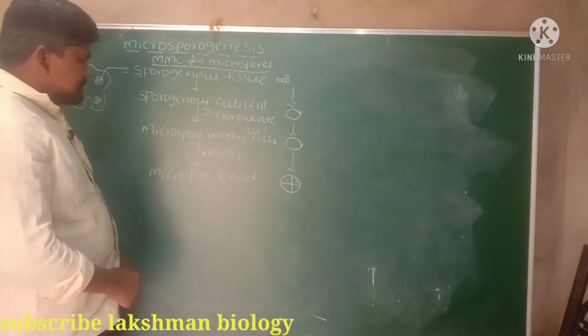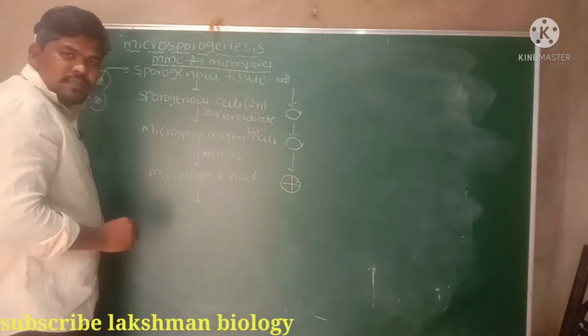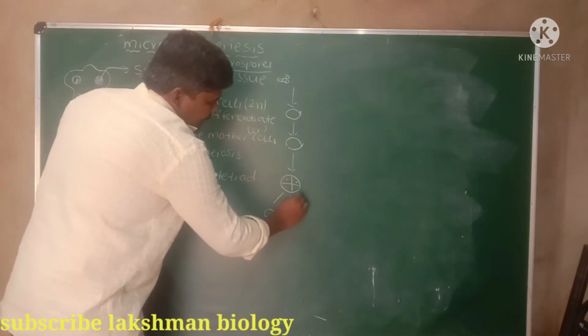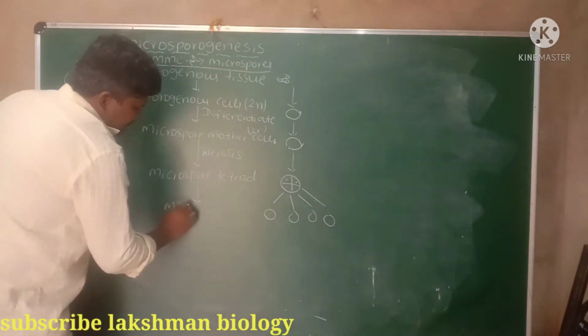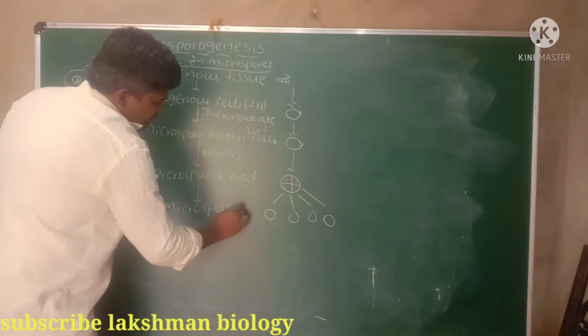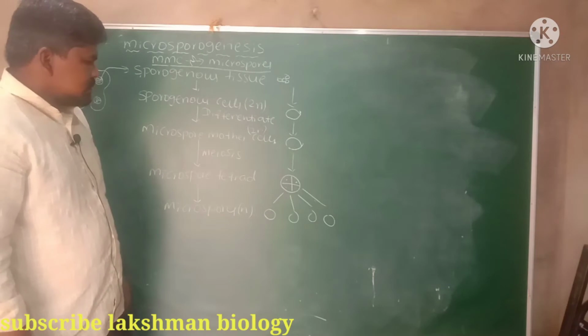Again, this microspore tetrad dissociates and becomes four microspores. These microspores are haploid in nature. Why?